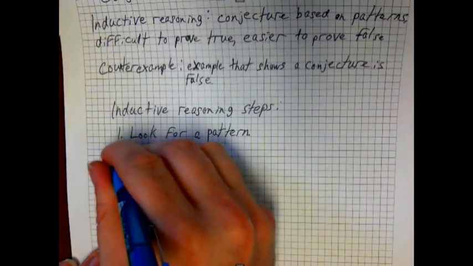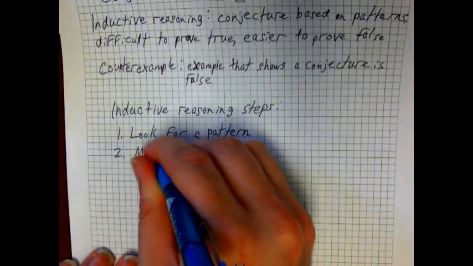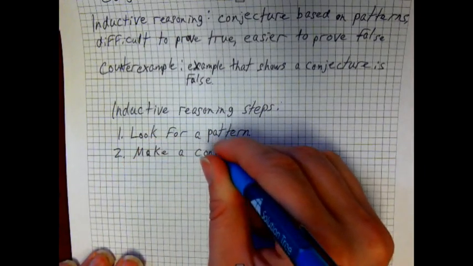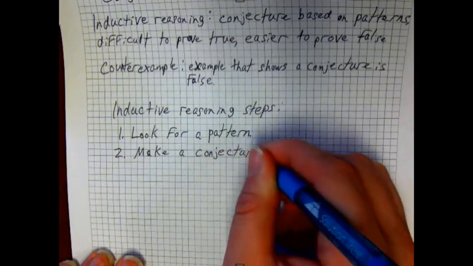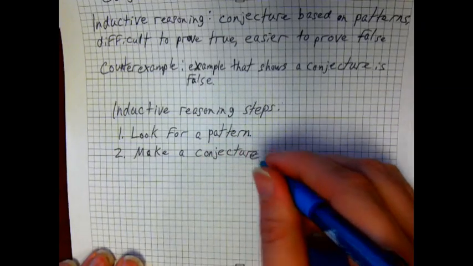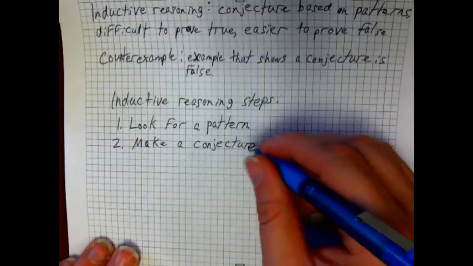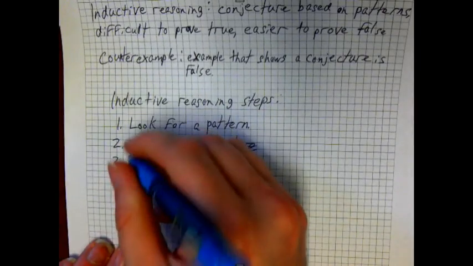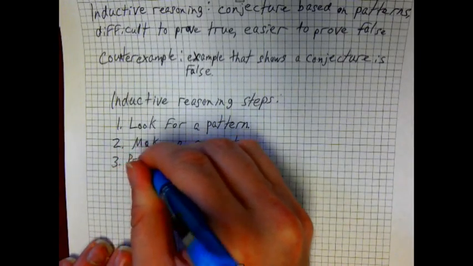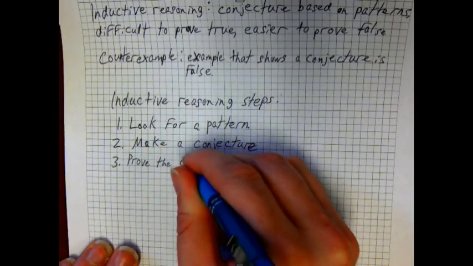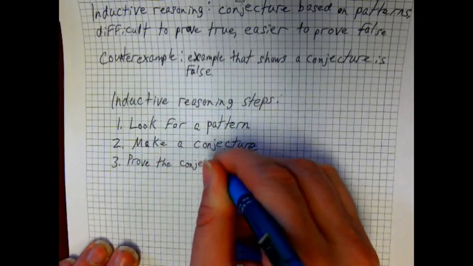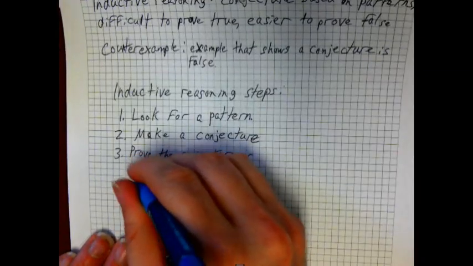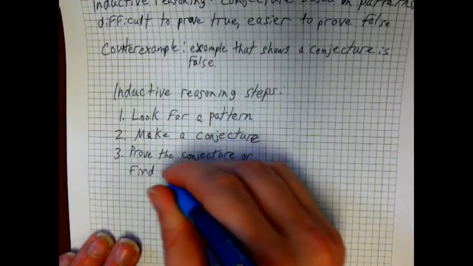Step 2. Make a conjecture. So you see a pattern, make a conjecture, draw a conclusion based on your observations about what that pattern is. And then 3, either prove the conjecture or find a counterexample.